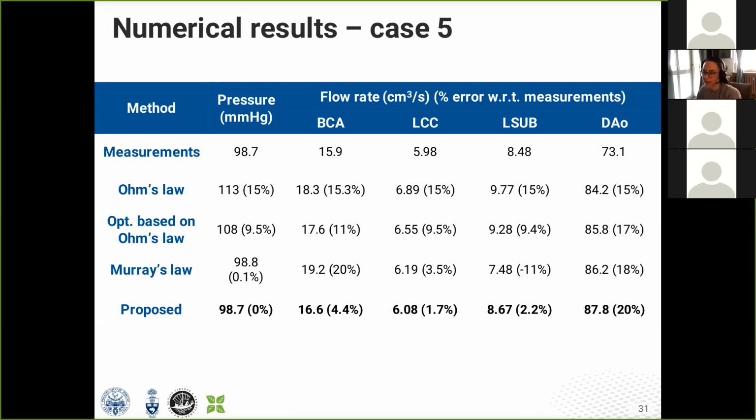I can tell you why here there is a negative error, an underestimation or an overestimation in some cases: because the flow rate is not really coherent with Murray's law. If you look at the areas, you would expect with Murray's law a way larger flow rate, and instead we measure a lower flow rate. But I don't know if I can force the estimation.